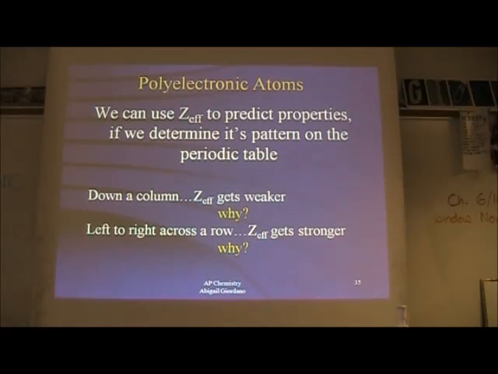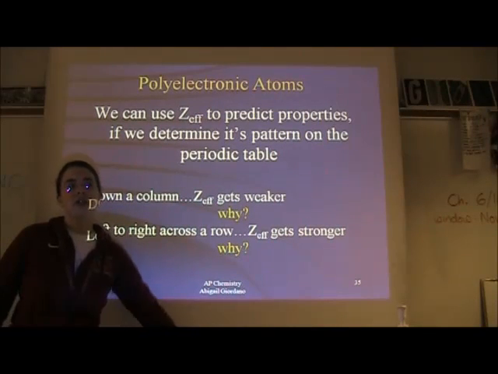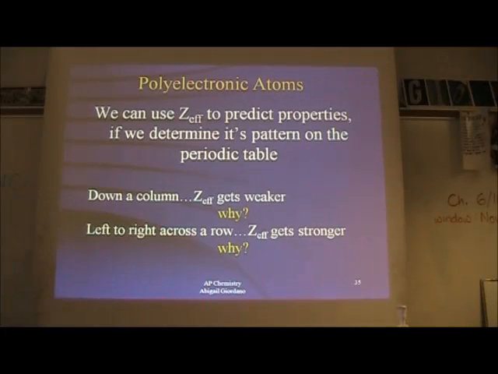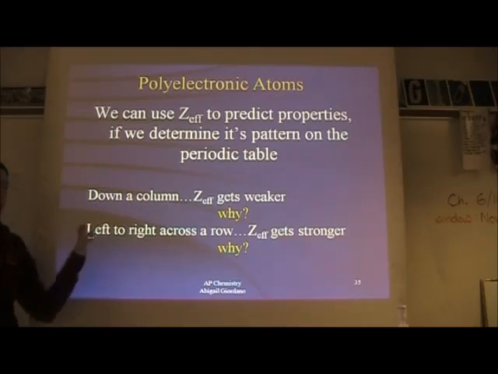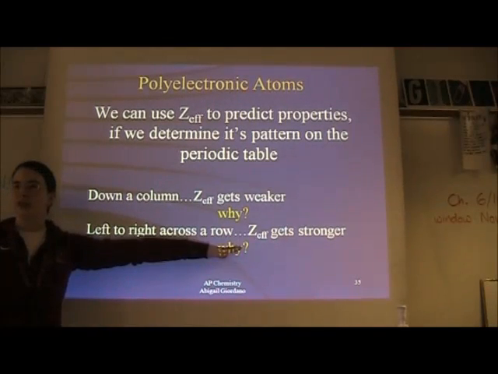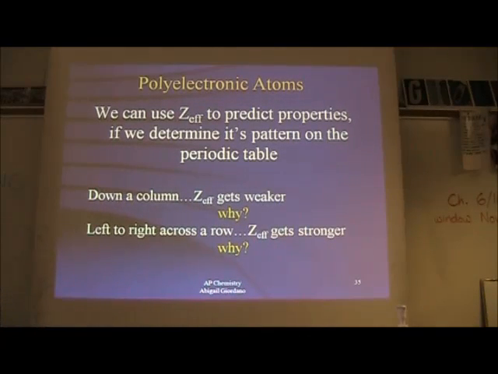You have to say that they have the same number of energy levels, and then you have to explain that chlorine has a greater number of protons, which means a stronger effective nuclear charge. So up and down, all you have to talk about is number of filled energy levels. Left to right, you have to talk about how they have the same number of energy levels, but additional protons lead to a stronger effective nuclear charge.